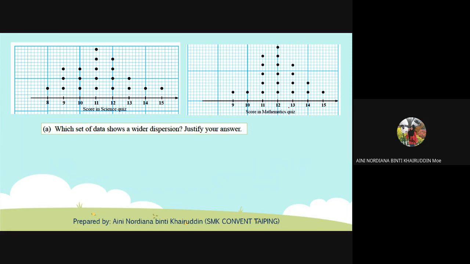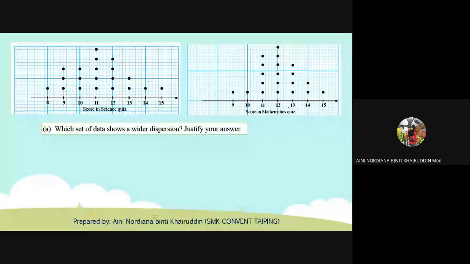So soalan dia, which set of data show a wider dispersion? Justify your answer. Okay, what does it mean by wider dispersion? Wider dispersion ni maksudnya serakan yang luas. Macam mana kita nak tahu serakan dia tu luas ke sempit ke? Dia depend on range.